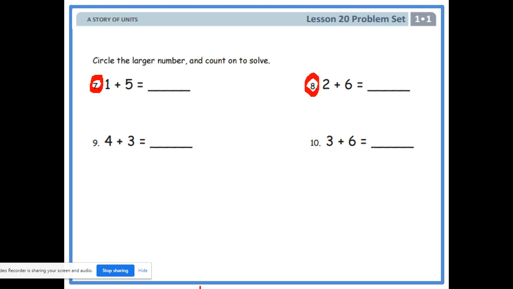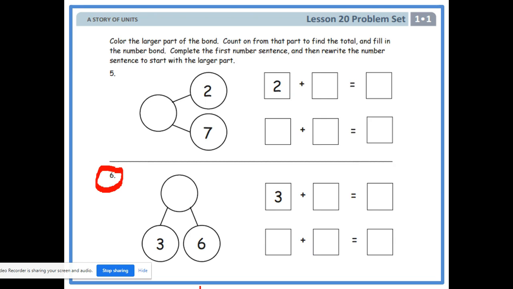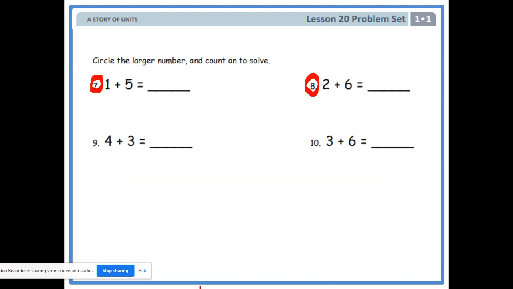I'm going to review the must-do problems again. Ready? So you're going to circle number 3 and 4 from the first page, number 6, 7, and 8. Make sure that if you missed any of the problems, you rewind the video just a little bit, but make sure you have these must-do problems circled and ready so that we won't take up much time for our live session.